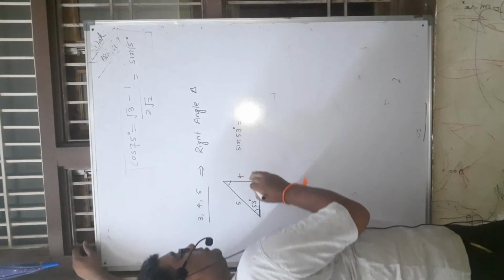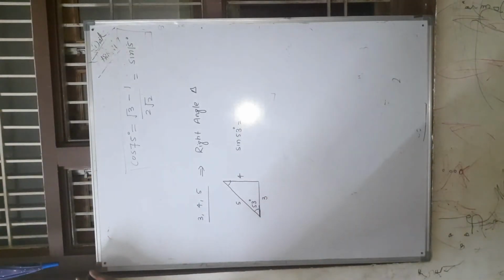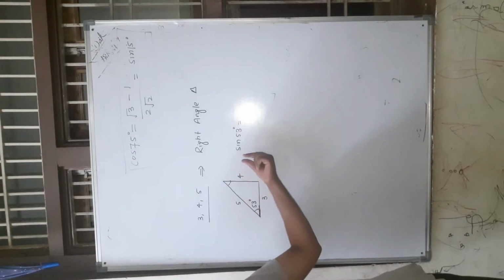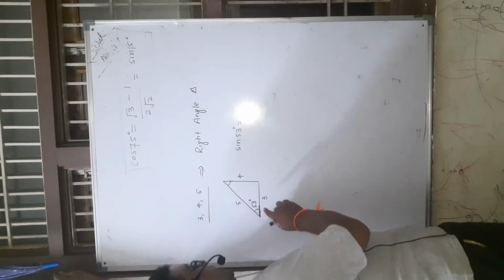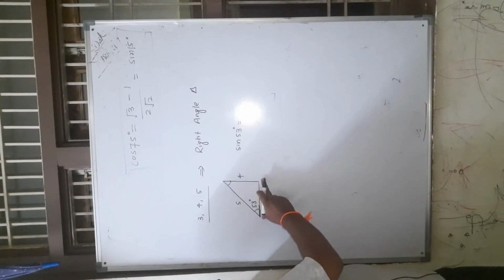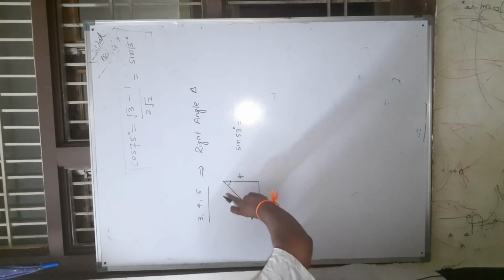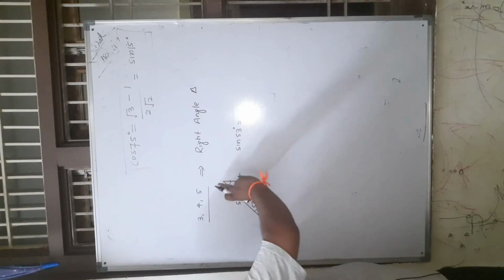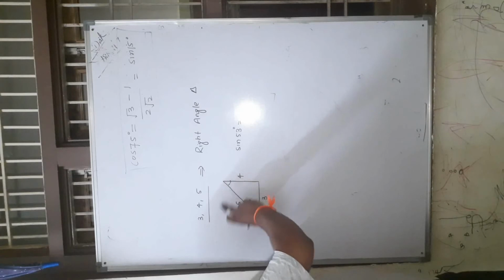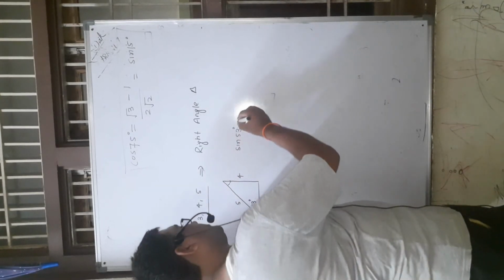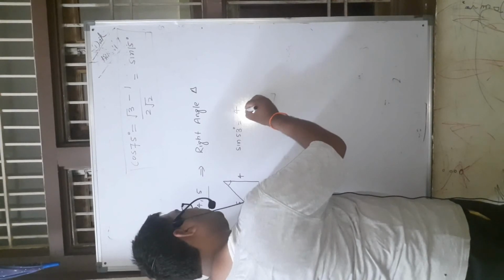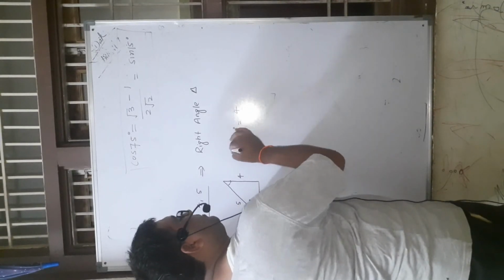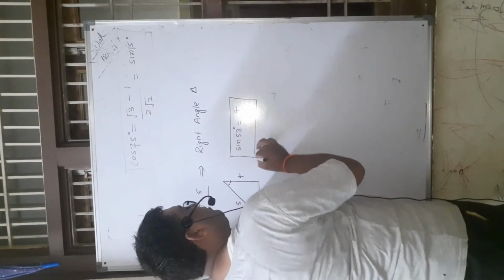Remember these values, these angles are very important from the physics point of view. What will be the value of sine 53 degree? Sine theta is equal to perpendicular upon hypotenuse. So for sine 53 degree, perpendicular is equal to 4 and hypotenuse is equal to 5, so sine 53 degree is equal to 4 by 5.